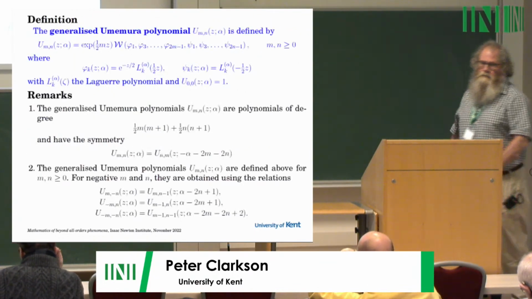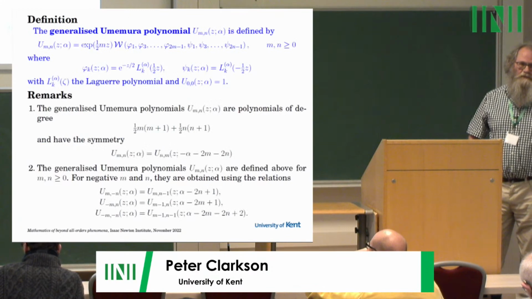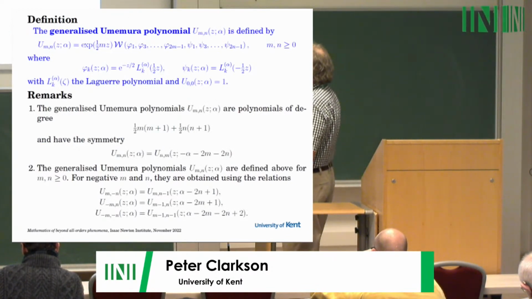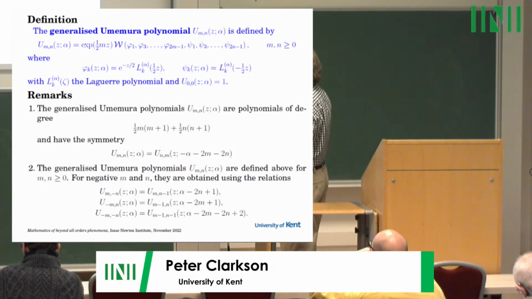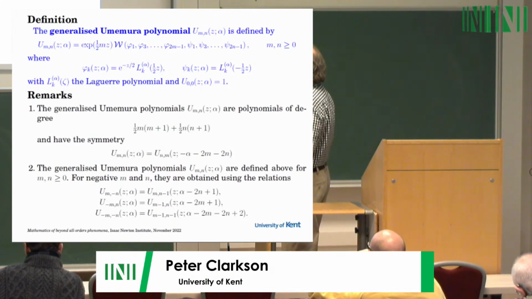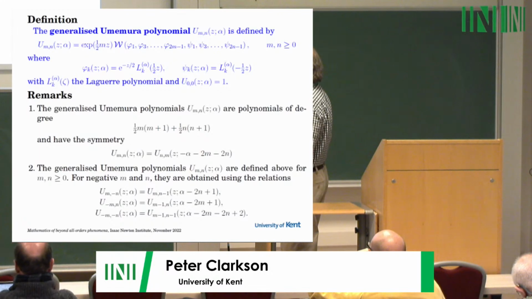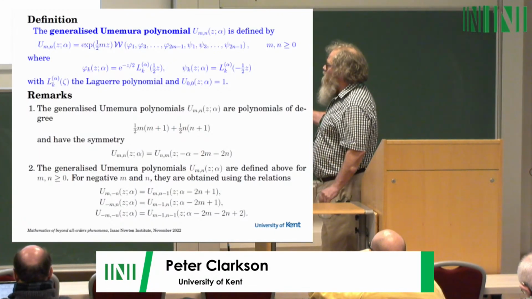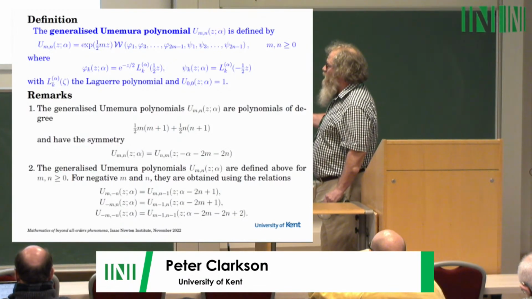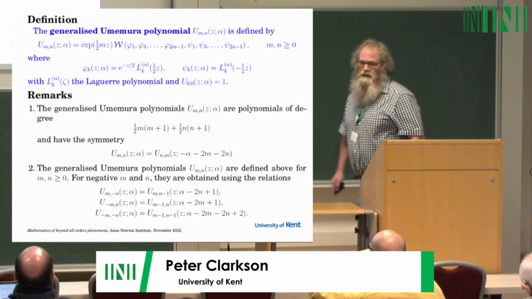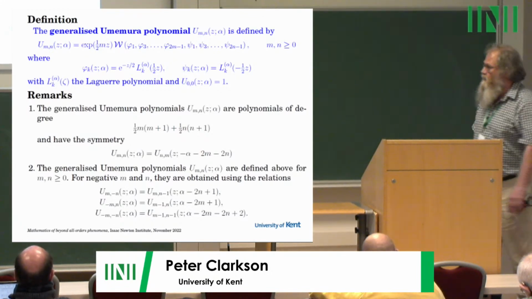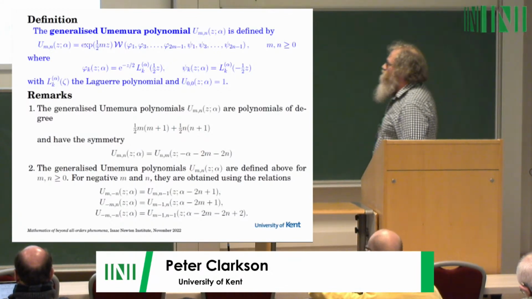So by using properties of Laguerre polynomials, I'm going to introduce the generalized Laguerre polynomial in a slightly different form, but now written as a Wronskian of two sequences of functions. One is a Laguerre polynomial, and the other is a Laguerre polynomial multiplied by an exponential, and then you have to, of course, multiply by the equivalent exponential to the Wronskian, so you get a polynomial.